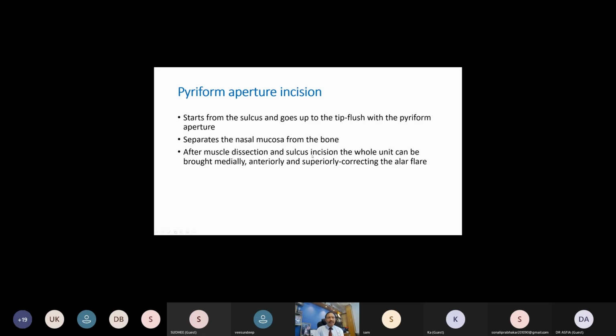So it separates the nasal mucosa from the bone, and after the muscle dissection and sulcus incision, the whole unit can be brought medially, effortlessly, anteriorly, and superiorly, correcting the alar flare. And if you do this step correctly, there will be no lip which will have any tension in any of the suture lines, and you never need to give alar sulcus incision, the perinasal incisions.